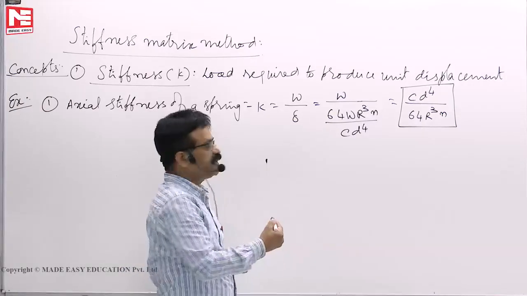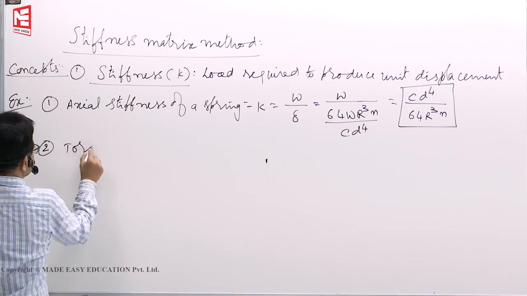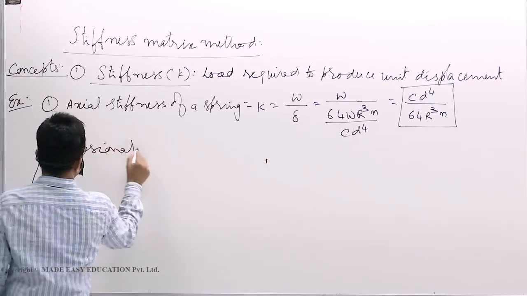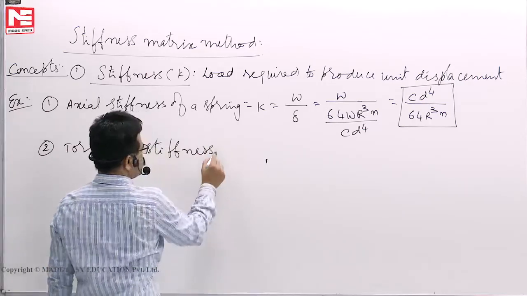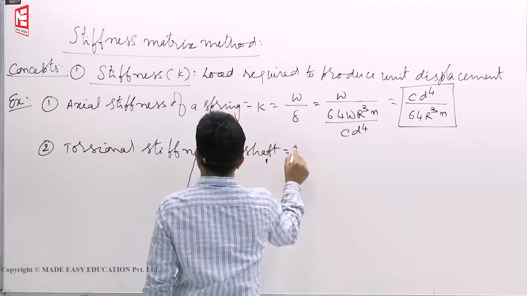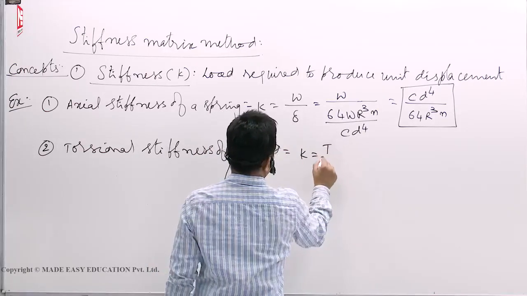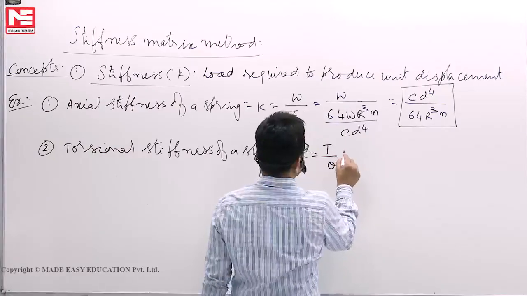In the torsion chapter again you have studied torsional stiffness. Torsional stiffness of a shaft, K: torque required to produce unit twist, T by theta.